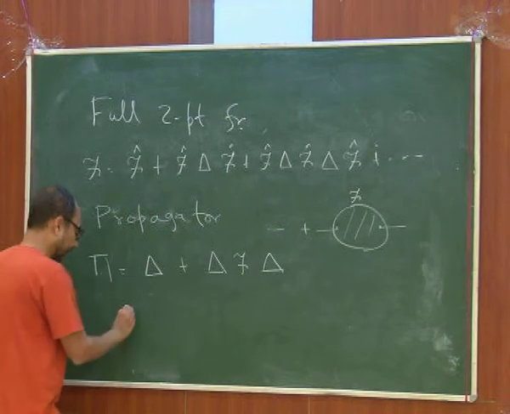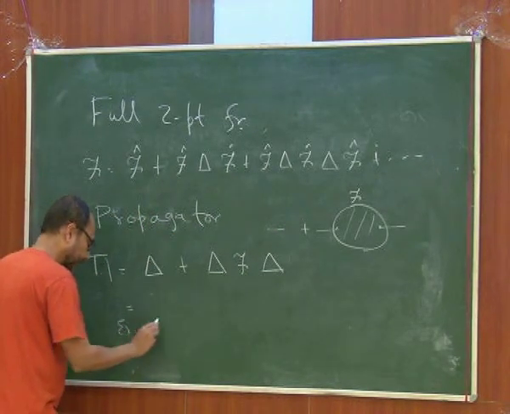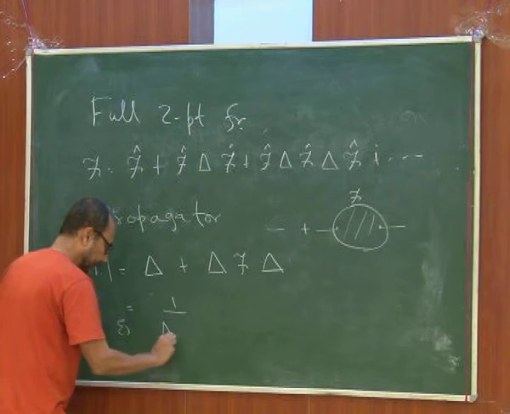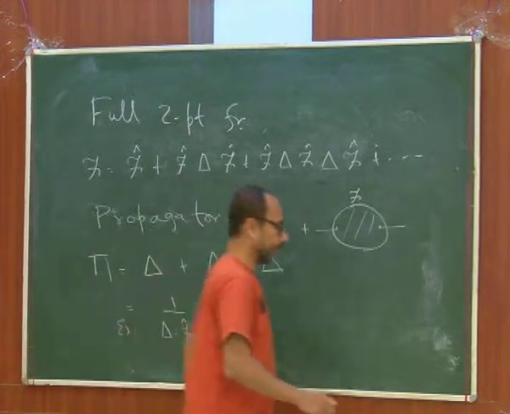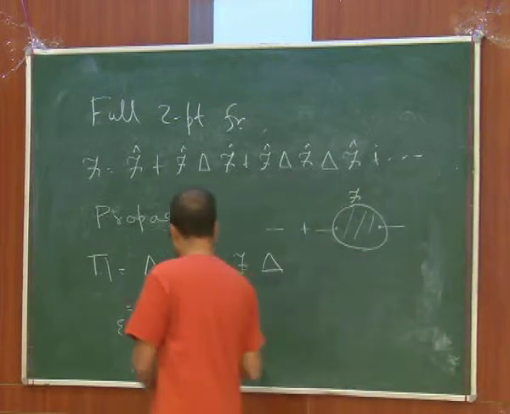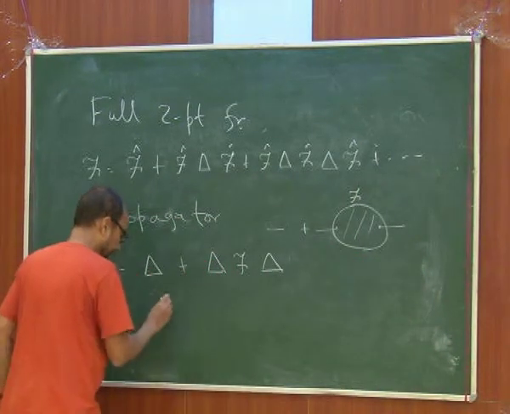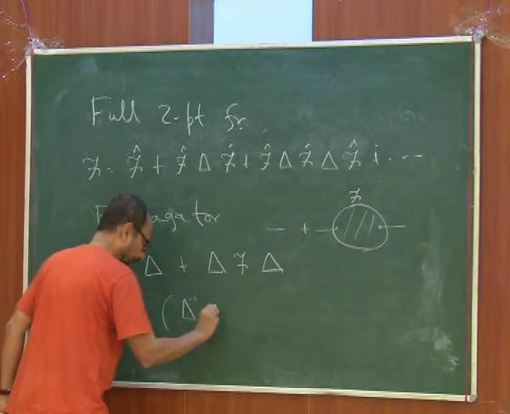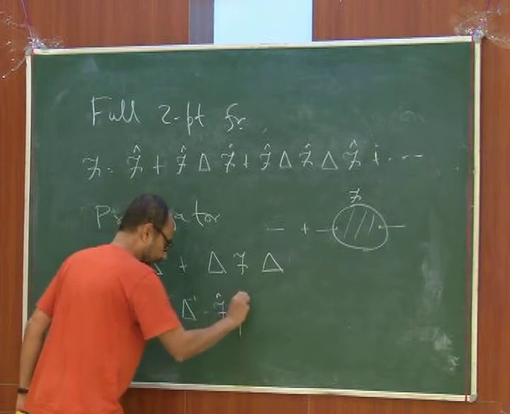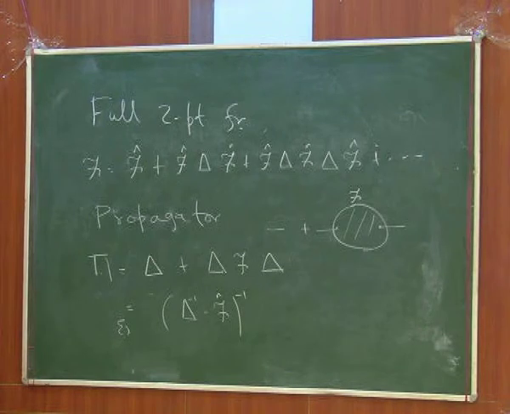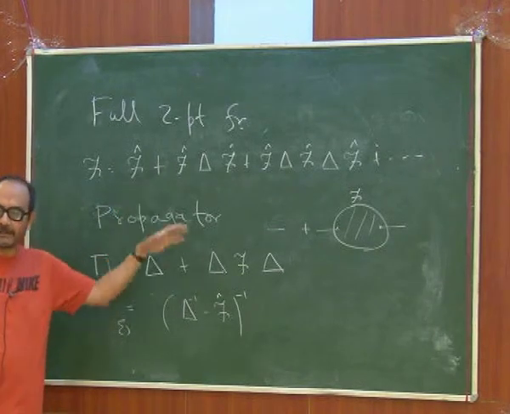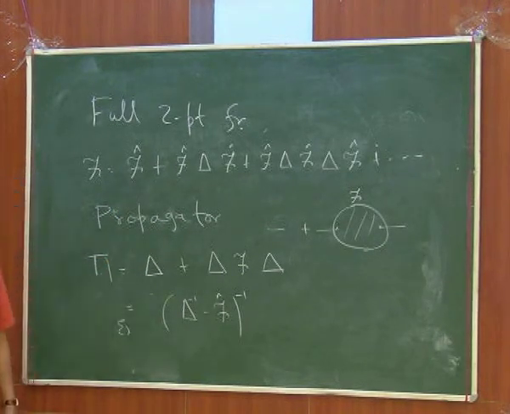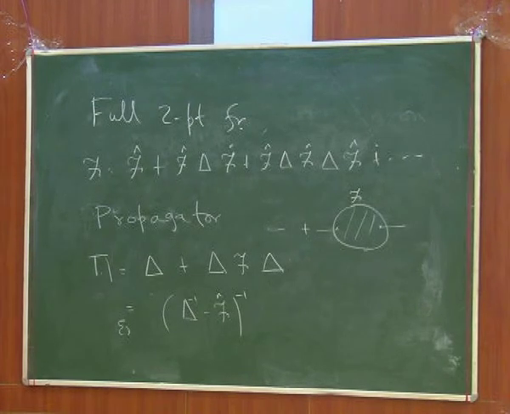I leave it as an exercise to check that this is 1 over delta minus f hat, or since it is a matrix, it is best to write it as the inverse: delta inverse minus f hat, inverse. Just substitute for f and sum this up, and we will find that the series expansion of this is precisely what we have there.